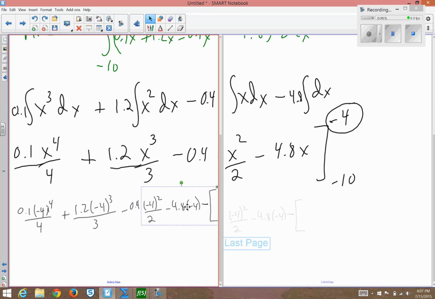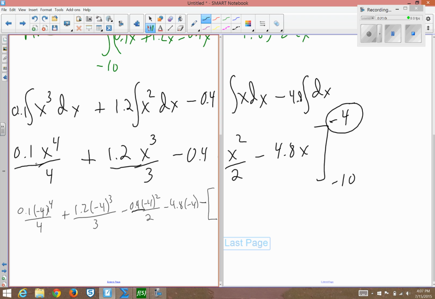All right, so check out where I am so far. So in this, which we call the antiderivative, we replaced all the x's with negative 4. After the minus and this opening bracket, we're going to replace all the x's with the number that's down here, like so.